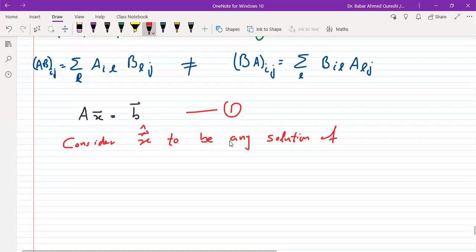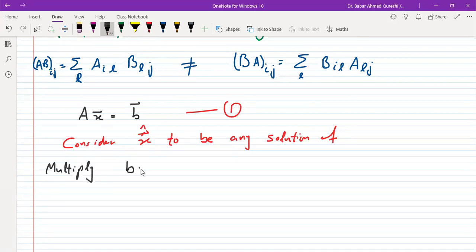And it's any solution, because we know that if we have a linear system of equations, we can have more than one solution. We can even have infinite solutions. So from that set, I pick up one solution. Then I can multiply both sides by a matrix.